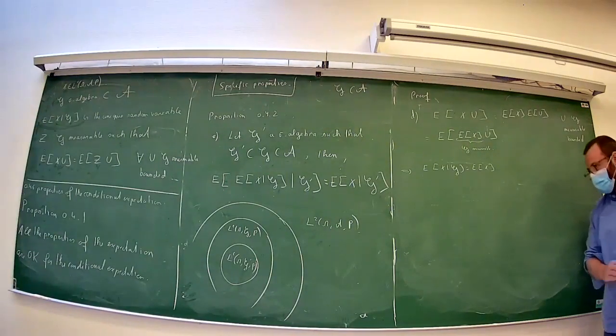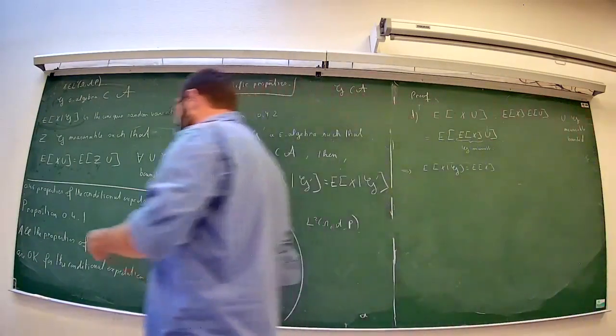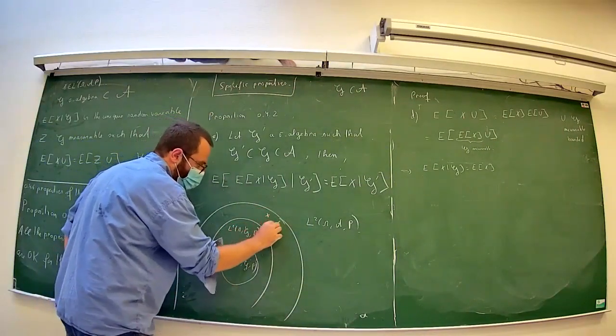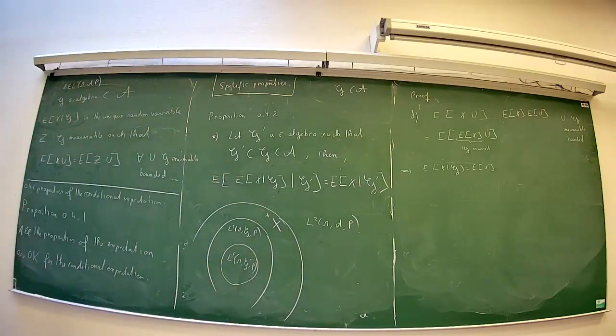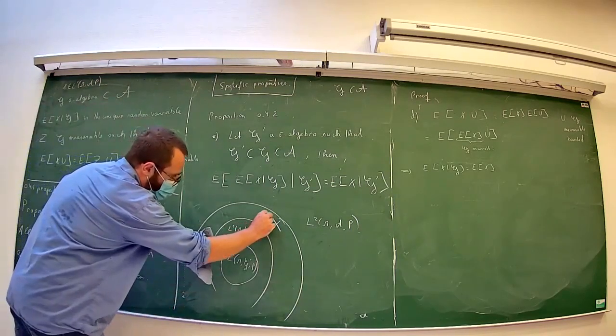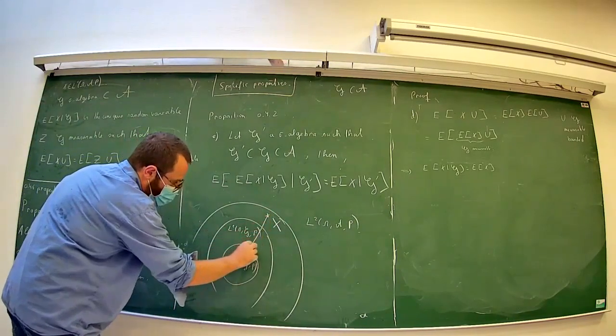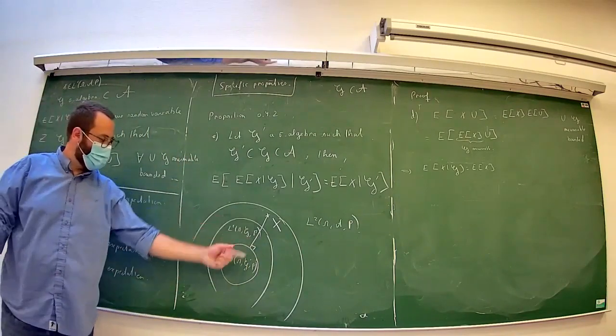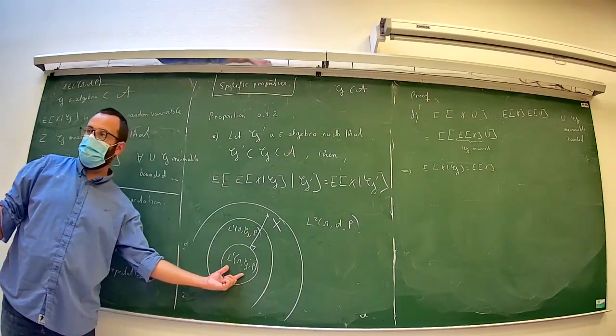My picture will be very bad, but the interest is just the interpretation of what I will say. If I start with X, that is L2 of A measurable, what I have presented as the conditional expectation of X given G prime is the best approximation of X by a G prime measurable random variable. I obtain it this way, considering the projection of X on this space.